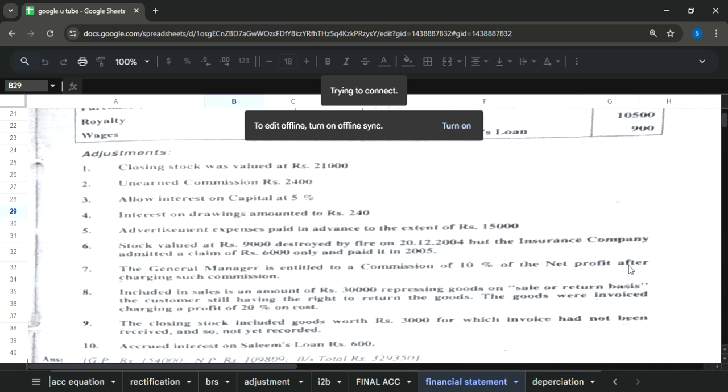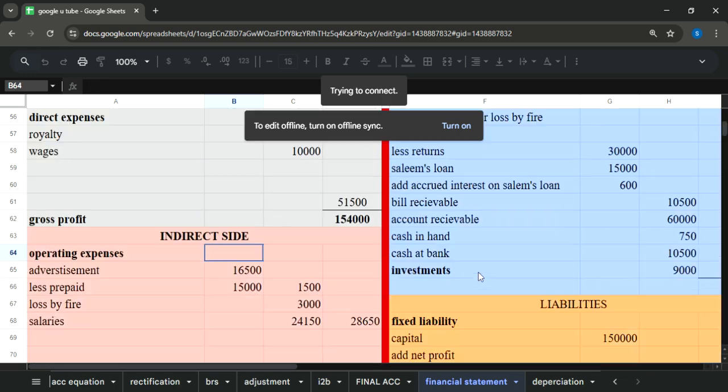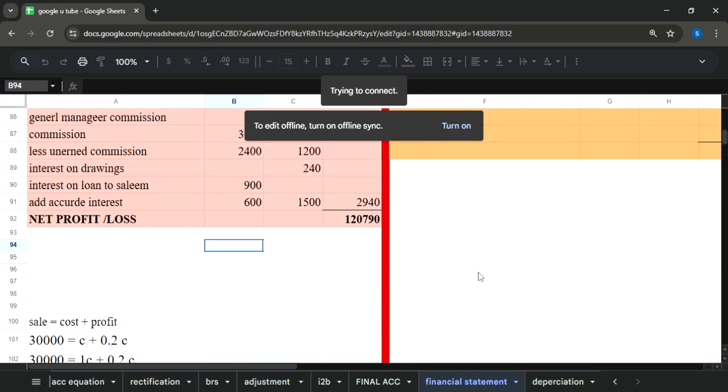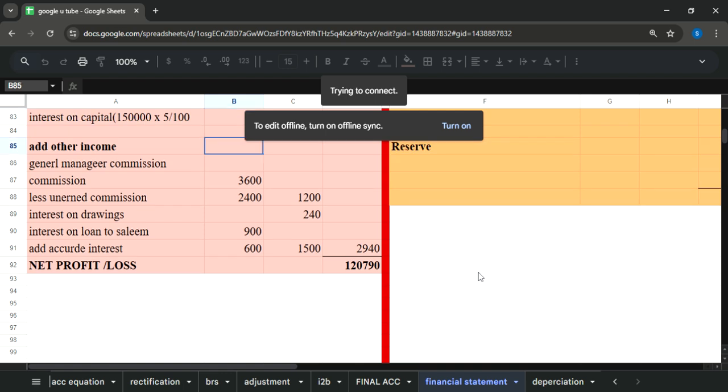This word is very important. After charging such commission. And I was telling you in previous questions as well, when it is after charging, it means the net profit was already having this 10%. So instead of 10%, how you will calculate it, you will be looking over here. It's very important.